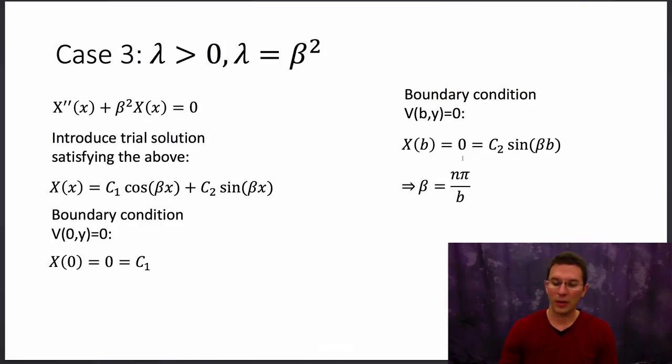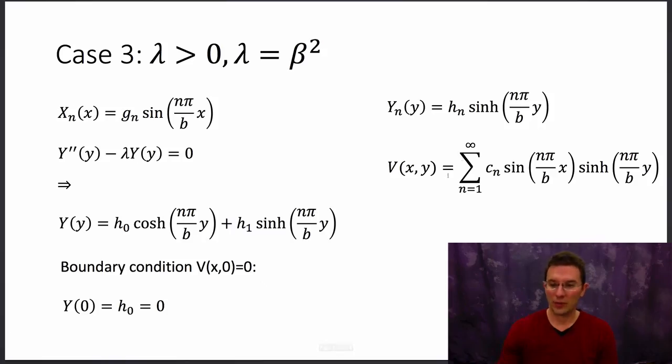We don't know, so initially we have to sum over all of them to get the total solution. So it's some unknown constant c sub n times sine of n pi over b x times hyperbolic sine of n pi over b y. This function depends only on y, this function depends only on x. Now the only thing we have left to do is figure out what this coefficient c sub n is, and we're done. How are we going to do that?